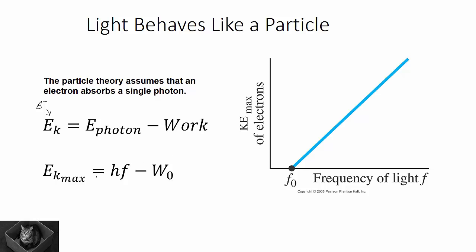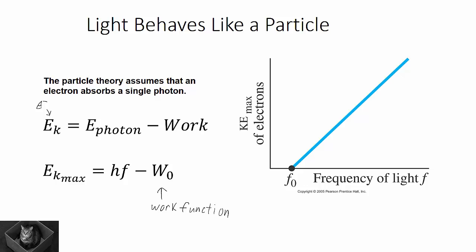And if we rewrite this equation, we typically think about the minimum work required, because some electrons are held more tightly. They could be deeper in the metal or whatnot. So we call this the work function, and it differs from metal to metal. But it's essentially the minimum amount of work to remove an electron. So that's going to give us the maximum amount of kinetic energy that can come off.